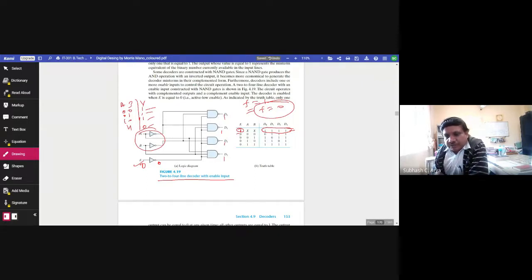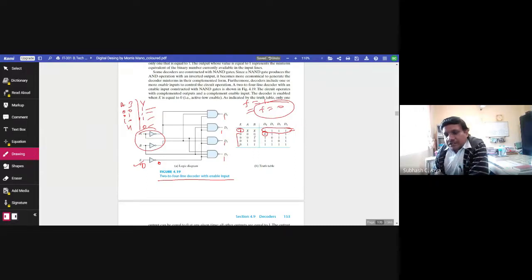E is 0 for all 4 cases, which means the circuit is enabled, the circuit is functional. Now based on the input, like A is 0, B is 0, you will see D0 is 0. It means this is the output. However, others are 1, 1, 1. That is the unique output.